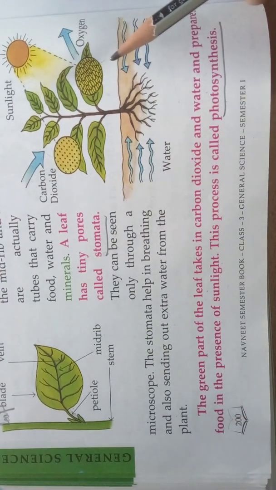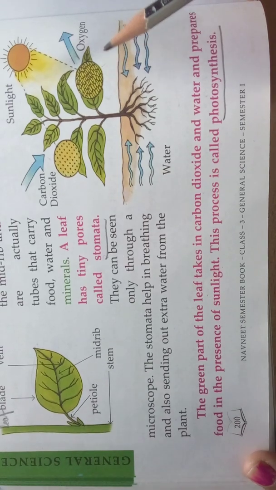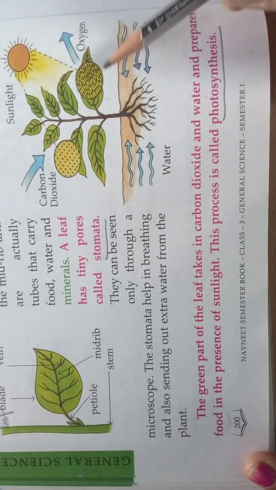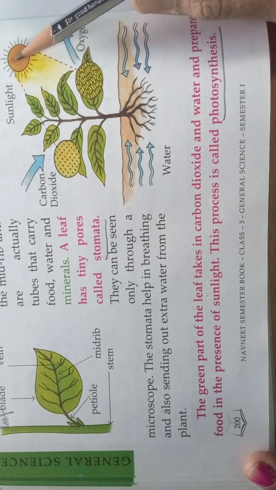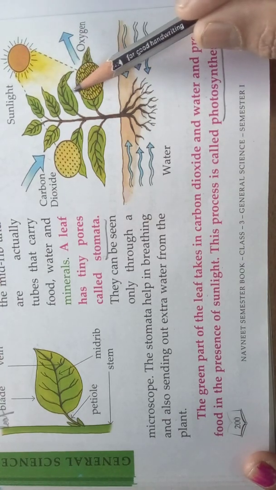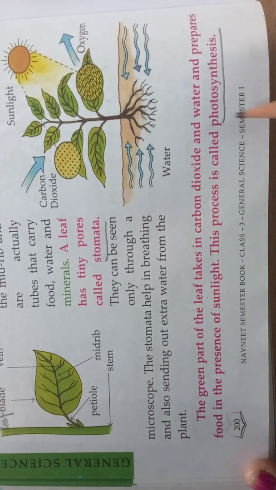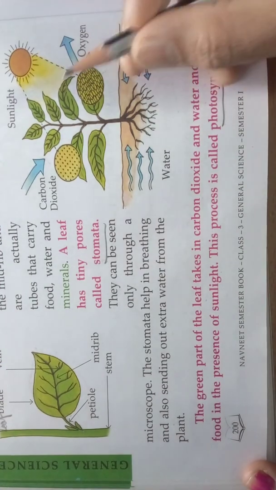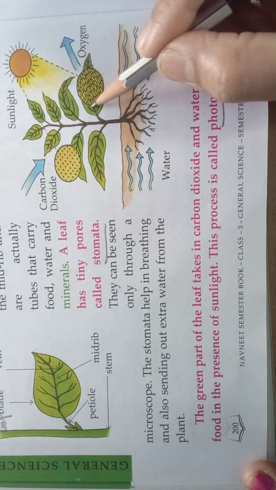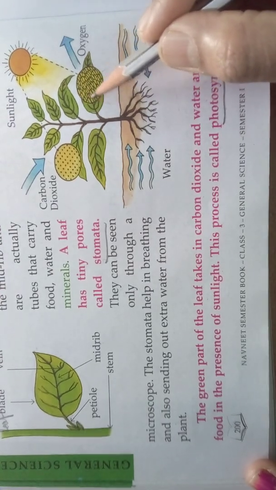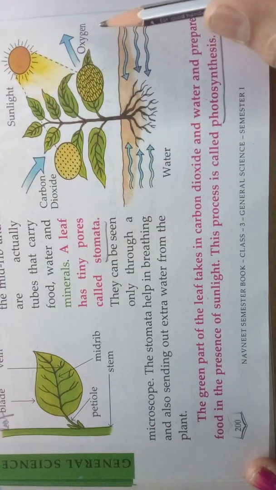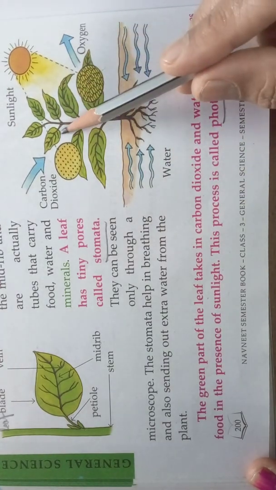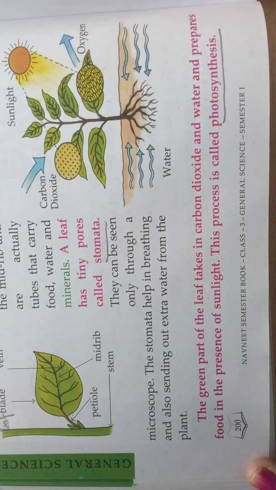In the presence of sunlight, with the carbon dioxide and water, the leaves will prepare their food.